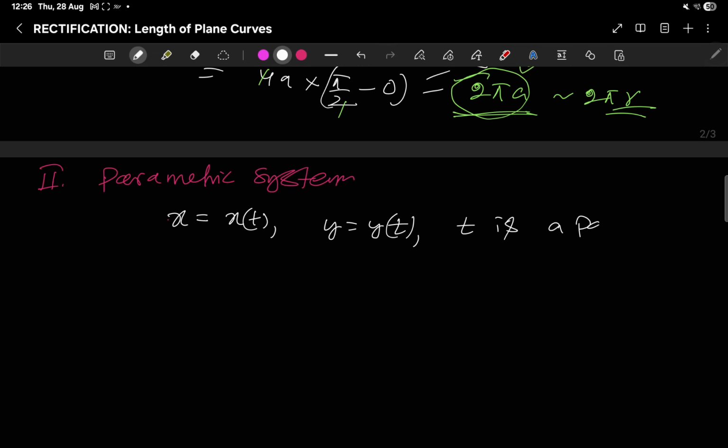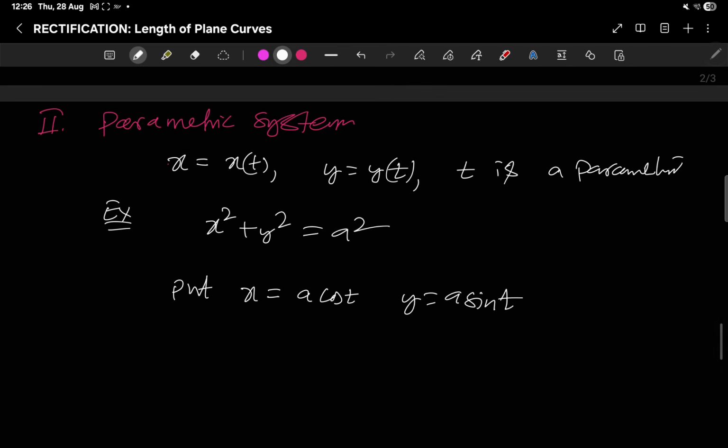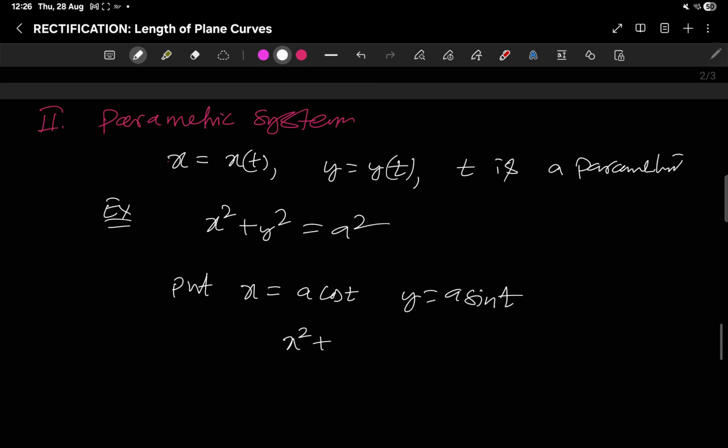T is a parameter here. For example, if you have a circle, x square plus y square is equal to a square, and I put x is equal to a cos t and y is equal to a sin t, then x square plus y square is equal to a square, since sin square t plus cos square t is 1.